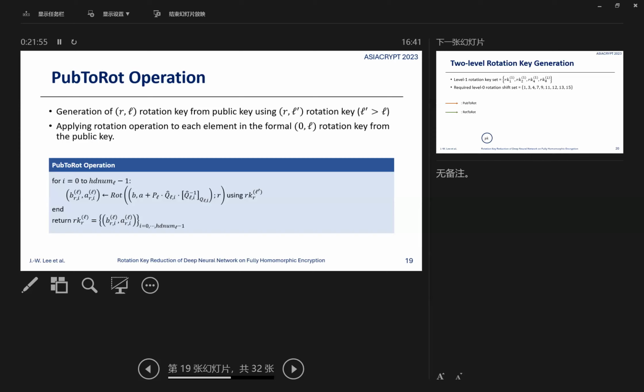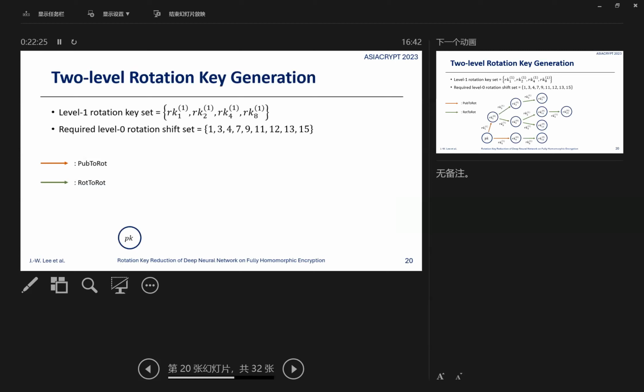So the public-to-root operation is the generation of the RL rotation key from the public key using the RL prime rotation key. In the same way, L prime is larger than L. So there is the formal 0L rotation key and the rotation operation. This is the diagram.